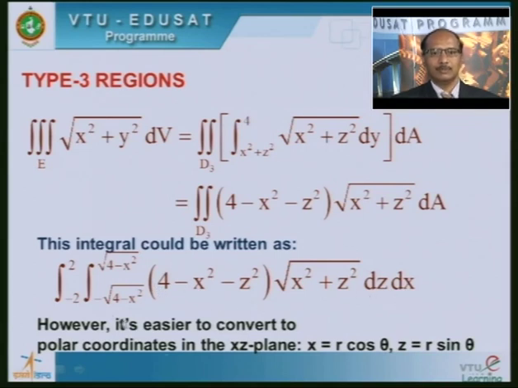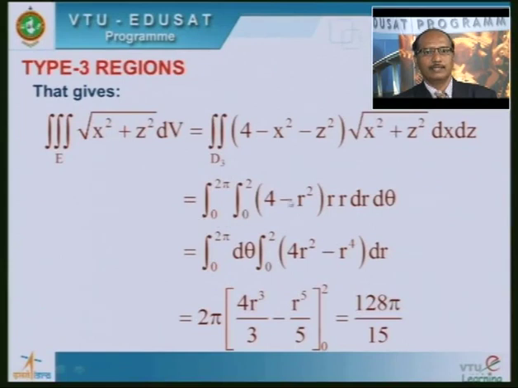So, it is better to convert into polar coordinates, because our D is a circular part. Whenever a circle or circular part of a circle is there, you convert it to polar coordinates. So, since the circle is in the xz plane, you take x equal to r cos theta, z equal to r sin theta, then evaluate accordingly.